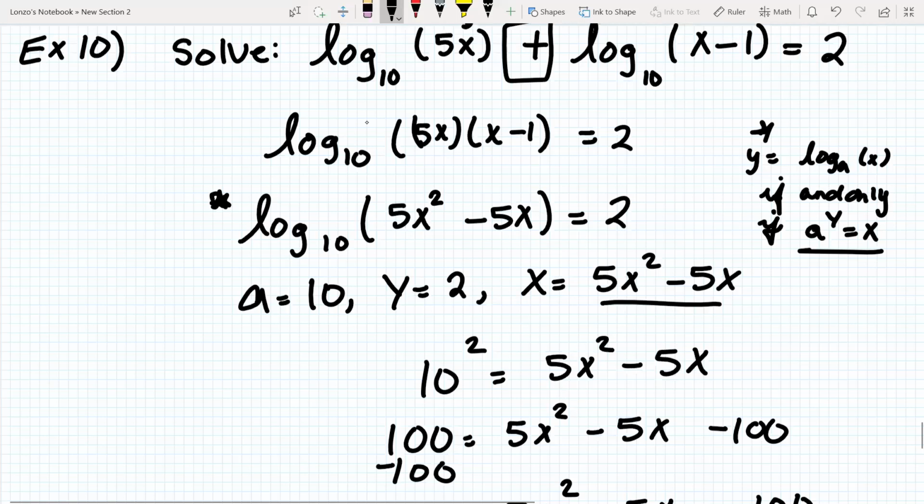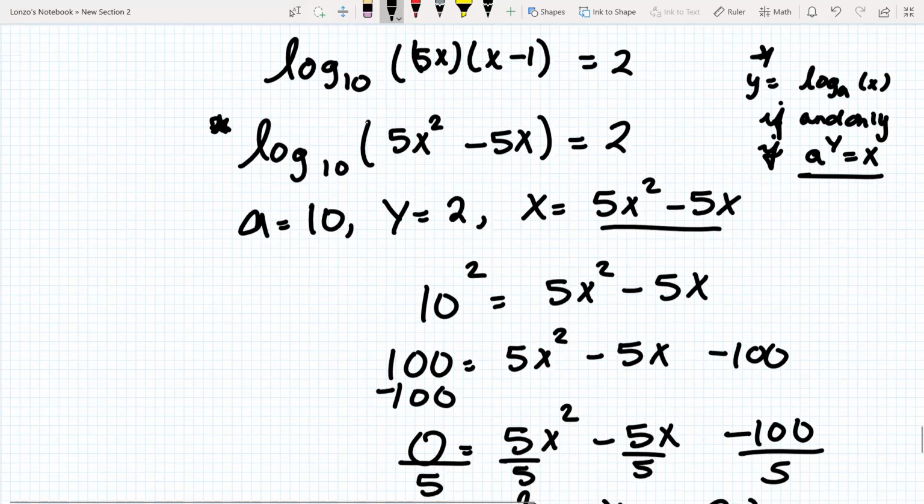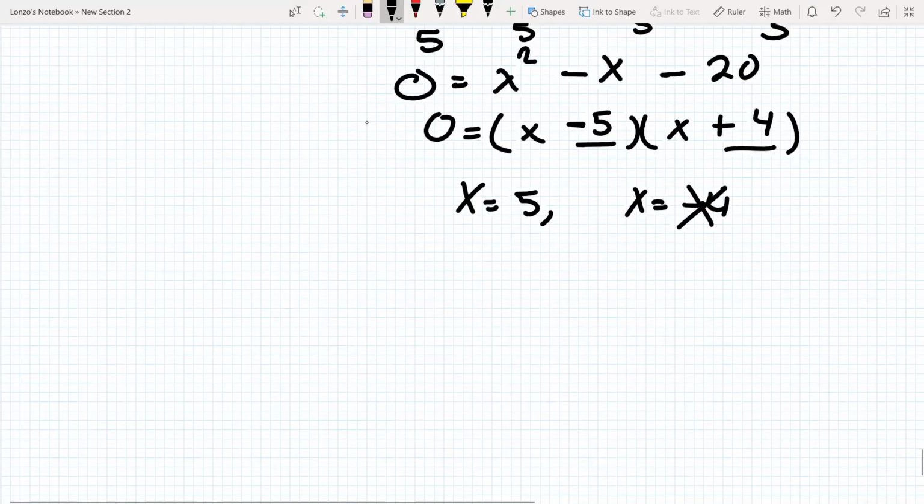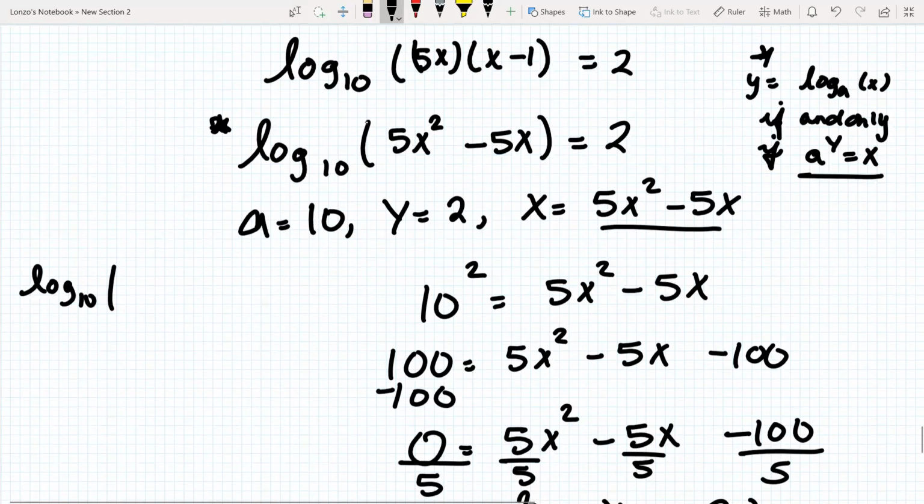So now let's plug in 5 and put it back into this one. We have log base 10, and wherever you see an x, plug in 5. So that would be 5 squared, which is 25, times 5, which is 125, minus 5 times 5, which is 25, equals 2.